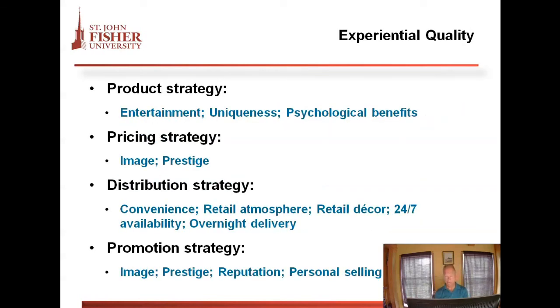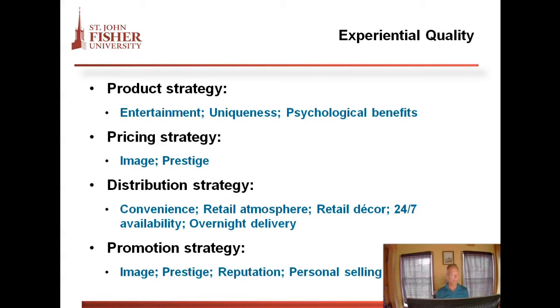And then you've got your experiential quality: the quality of experiencing the product, the quality of experiencing purchasing the product, or the quality of experiencing the post-purchase of the product. In your product strategy, the bell cow of experiential quality would be Dick's Sporting Goods. I don't know if anybody's ever been to Dick's House of Sports over in Victor, but they've got climbing walls, batting cages, a golf simulator, all of which really enhance the experiential shopping for that customer.